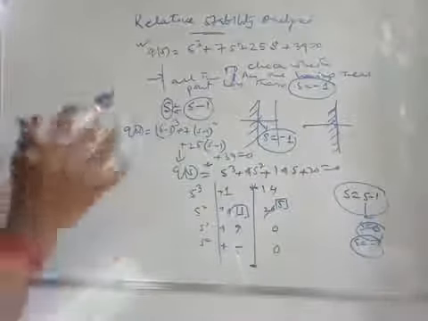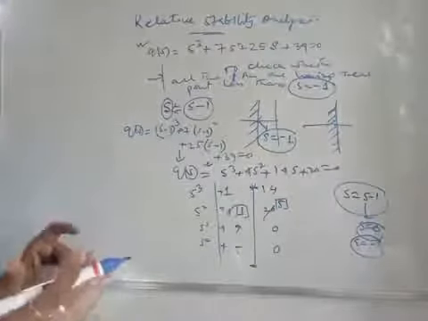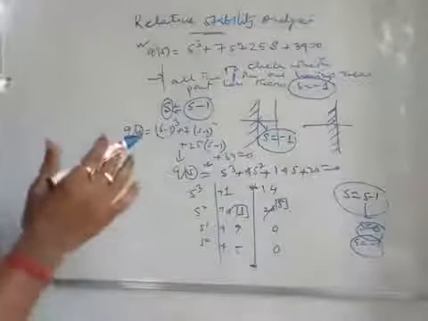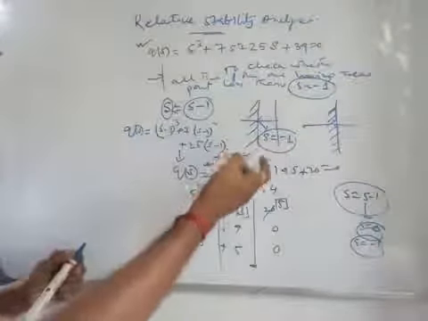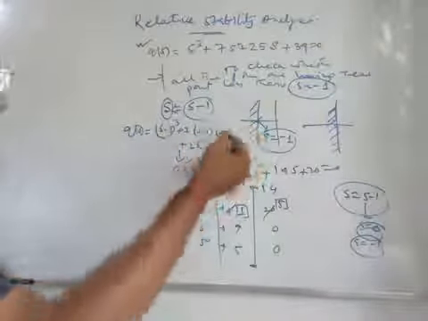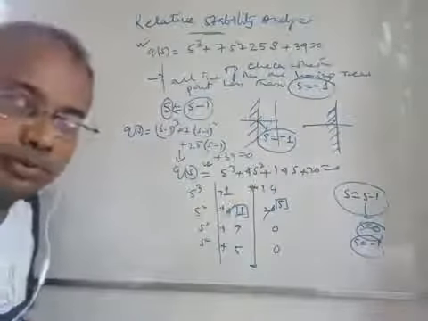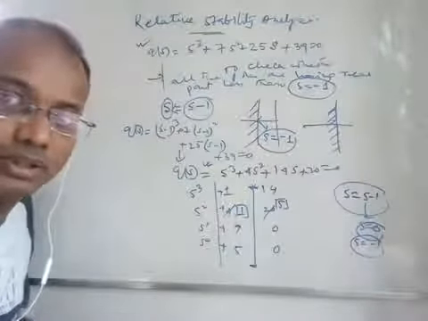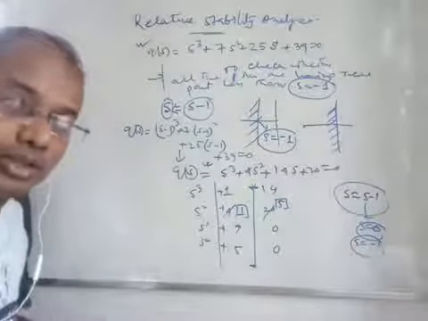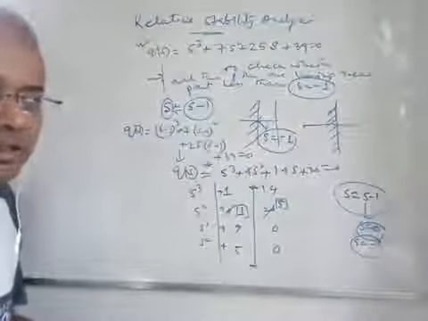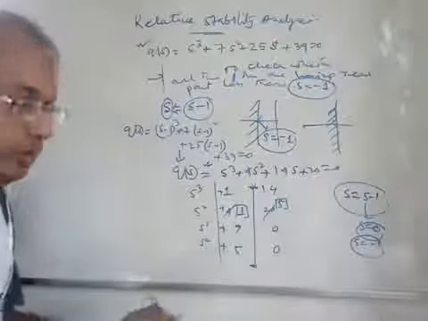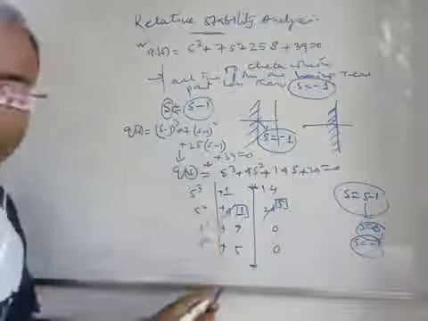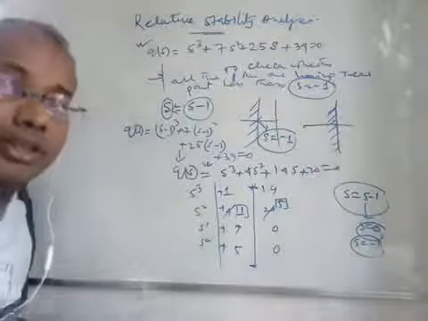This is the concept of relative stability, and you can find up to which level this pole can be shifted. Maybe you can check it with s is equal to -1.5, maybe with s is equal to -2, maybe with s is equal to -3, and there will be a point where any one of the elements will be negative. That means the system may be unstable.